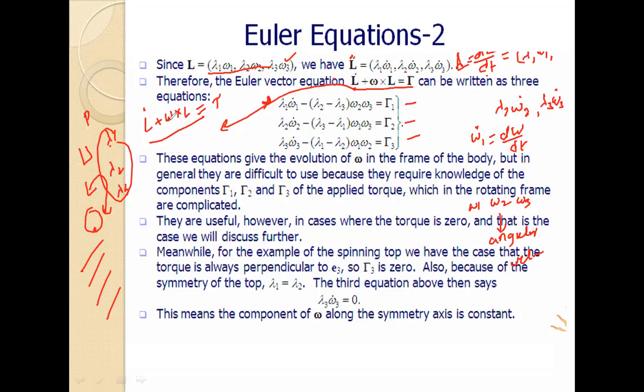Because omega has 3 components, omega 1, omega 2, omega 3, and L is also a vector quantity, L1, L2, L3, and again L is a function of omega and moment of inertia, a function of lambda 1 omega 1. So when I use all of this, I can get it.